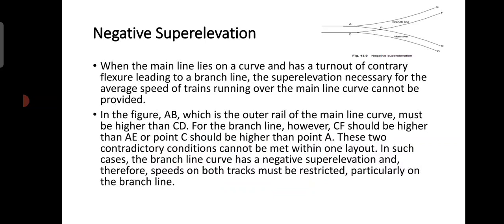For the branch line, however, CF should be higher than AE, or point C should be higher than point A. These two contradictory conditions cannot be met within one layout. In such cases, the branch line curve has a negative super elevation, and therefore speeds on both tracks must be restricted, particularly on the branch line.